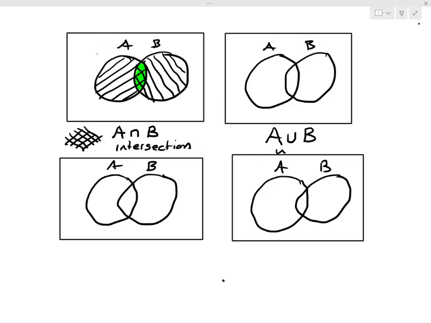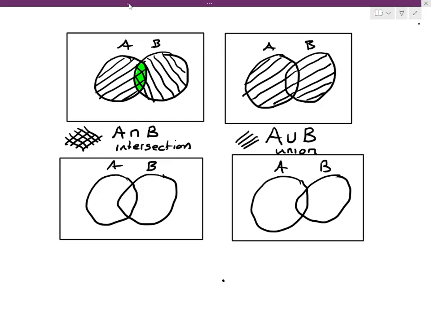And this is called the union. And for this, we just use it one way. Intersection, both; union, one way. So we need everything that's in A and everything that's in B. And so this now means that it's the union.